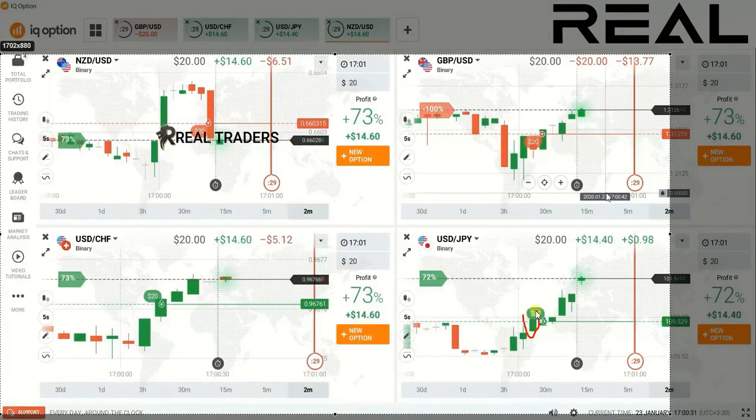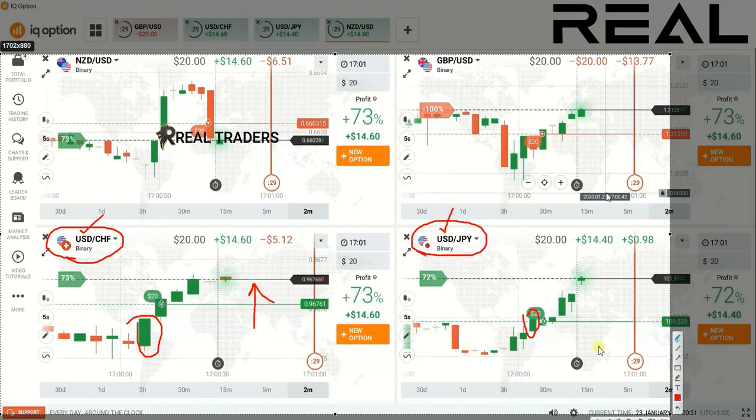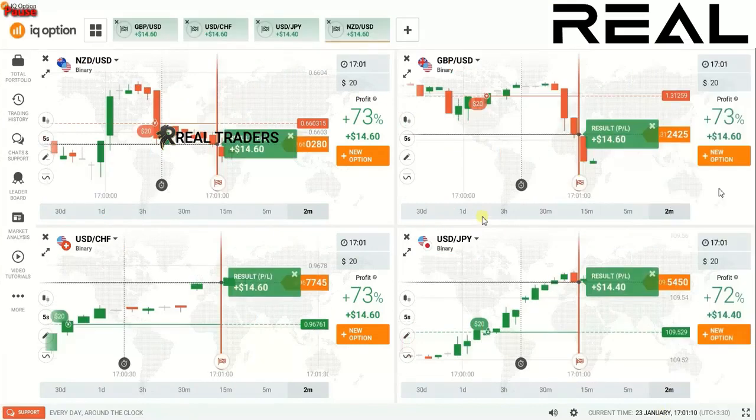I got my confirmation because we know the pairs where USD is in the first place will go up because of the news, and where USD is in the second place, the price will go down. Here I placed directly, I didn't get any confirmation, but here I got my confirmation. So let's wait for the result, and you can see it's a win.